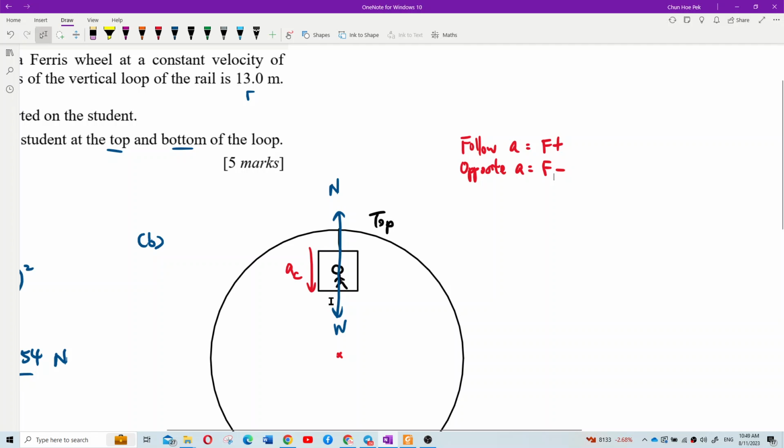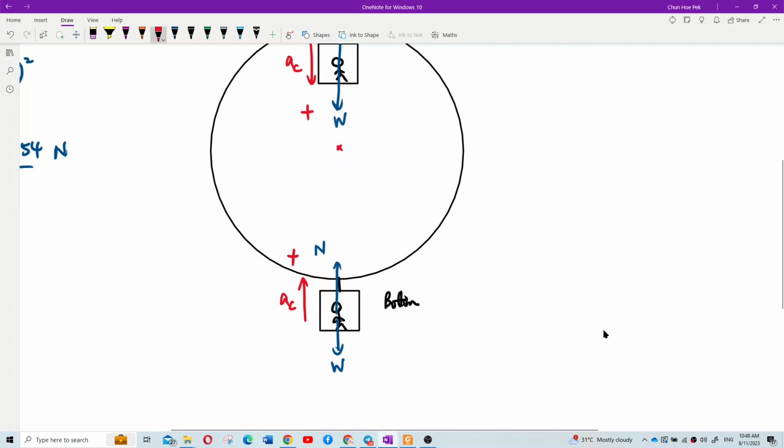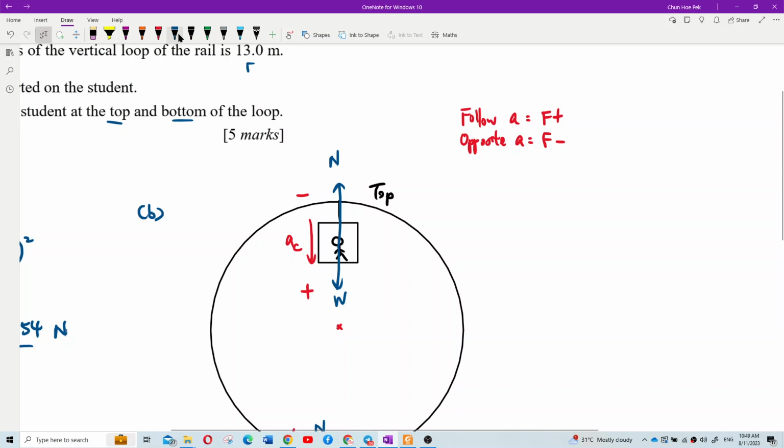So this acceleration is positive. So how? This F is positive, this F is negative. Here also F is positive, this one negative. Follow acceleration positive, opposite acceleration negative. Okay, write.